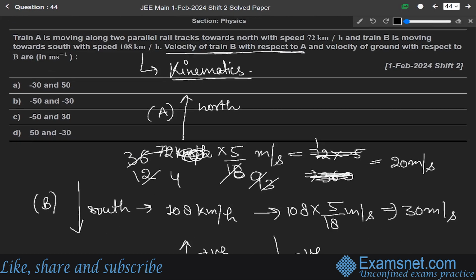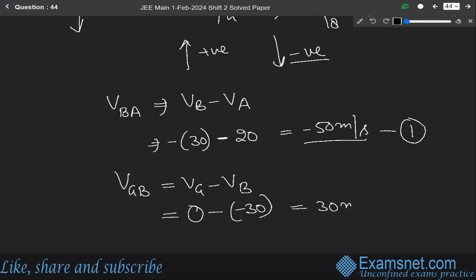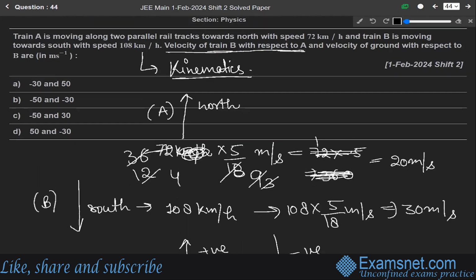And velocity of ground with respect to B is velocity of ground minus velocity of B. Velocity of ground is considered as 0, minus velocity of B, so it will be 30 meter per second. So the correct answer is minus 50 and 30, so option C is the correct answer.